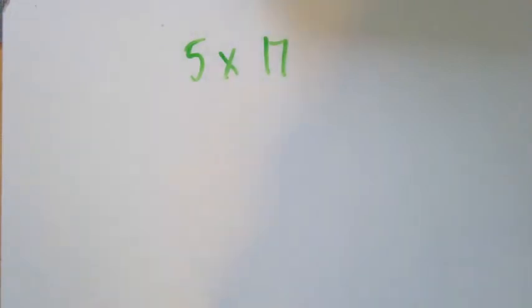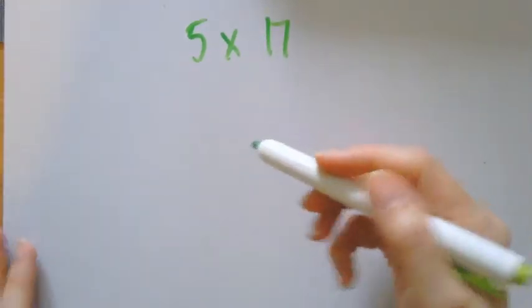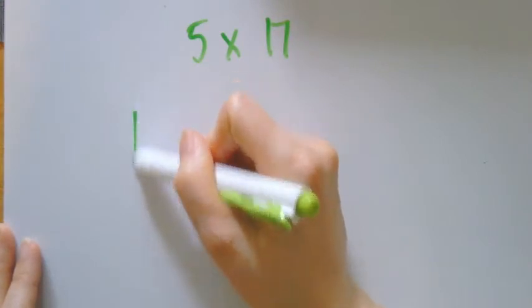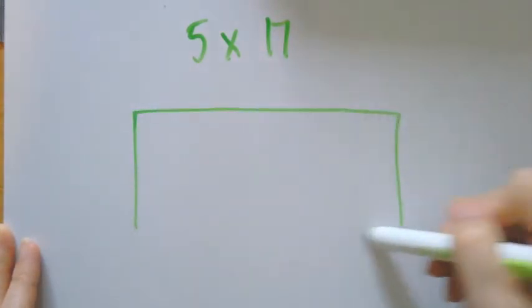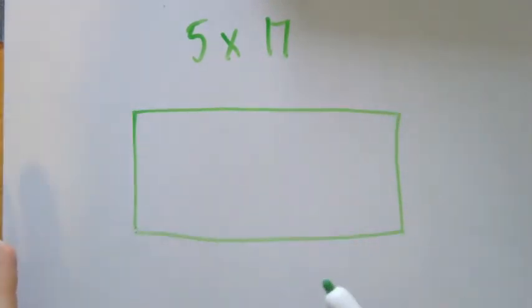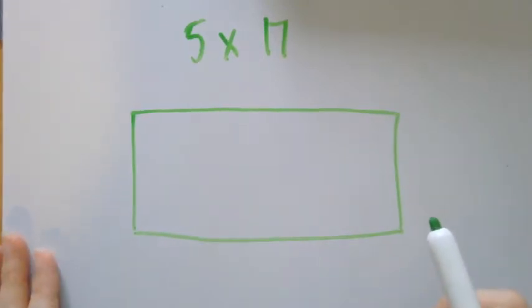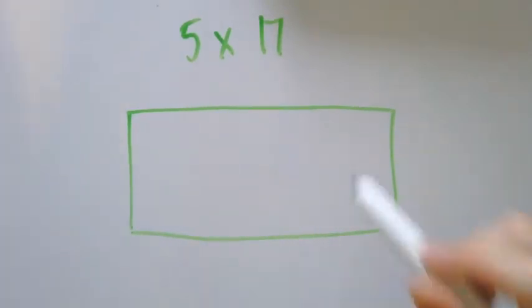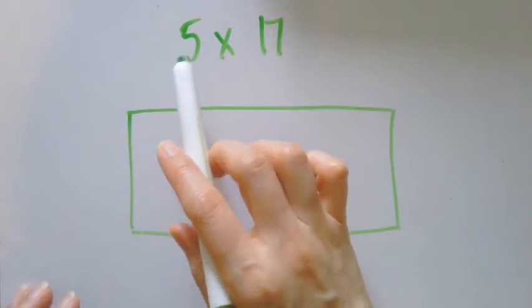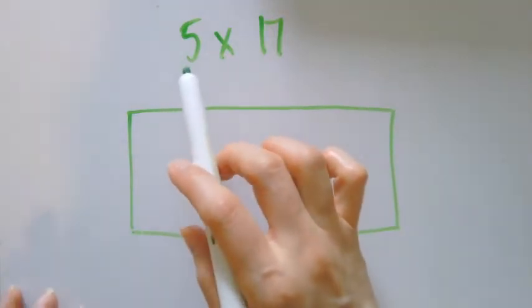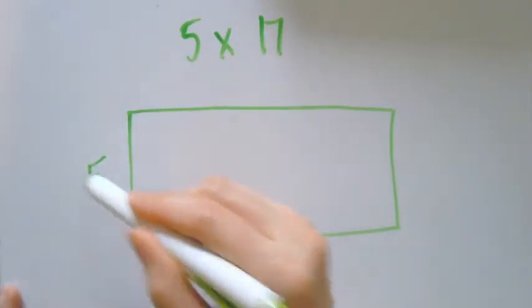All right, so if I were to take 5 times 17, some of you are trying to do some of that mental math right now, but we're going to go ahead and show one more time what it looks like as an area model, because that might actually help as a strategy when solving your word problems today. Okay? All right, so I know that off to my left is going to be my single one-digit number, which is 5.